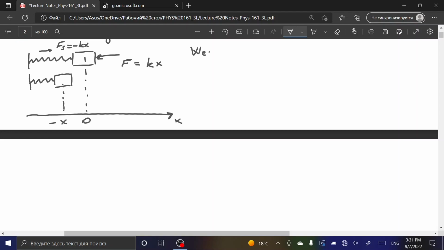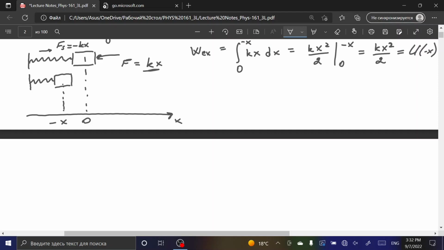The work done by the external force will be equal to the integral from 0 to minus x, and here we substitute the expression for the external force. That will be k times x times dx. That is equal to kx squared divided by 2, from 0 to minus x. And we end up with kx squared divided by 2, which is our potential energy at minus x.